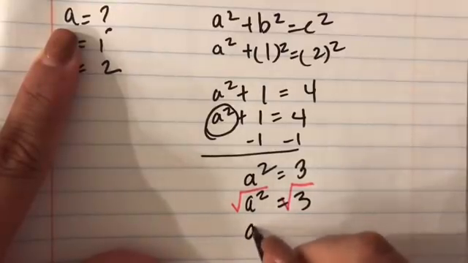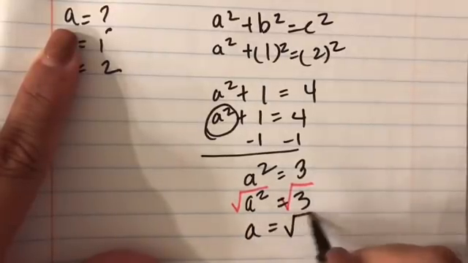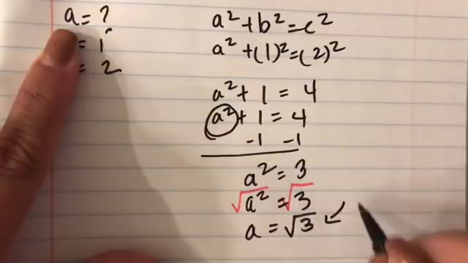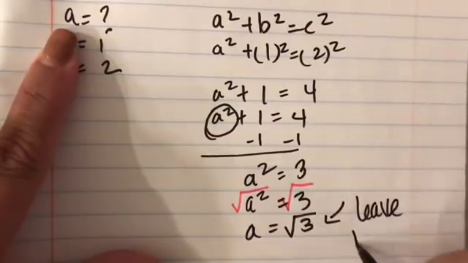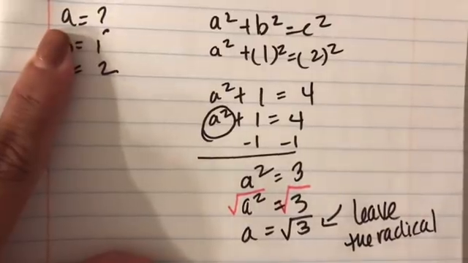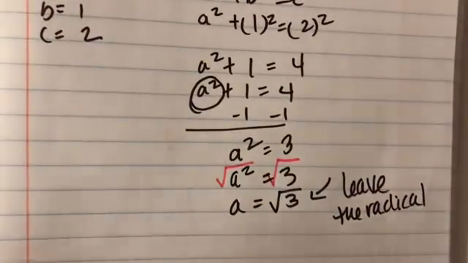So A equals the square root of 3. You're going to leave the radical. There are no decimals in this.